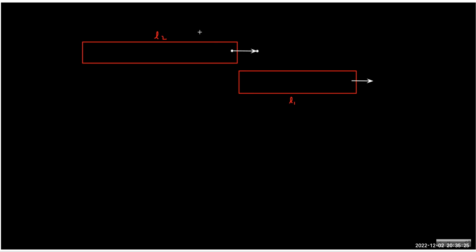In fact, the rear is moving faster than the front, so eventually one will chase the other, right? So when will this cross this point? The time to cross will be? Tell me, guys. L1 plus L2 by V2 minus V1. L1 plus L2 by V2 minus V1.